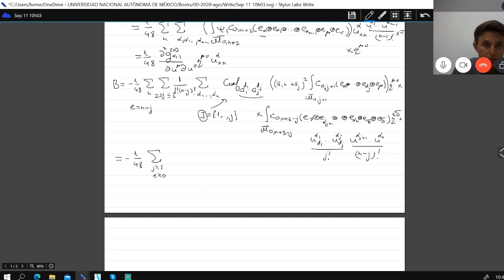Then it splits: we write a sum over alpha 1 through alpha j, d1 through dj, coefficient of a1 to the power d1 through aj to the power dj of this expression.